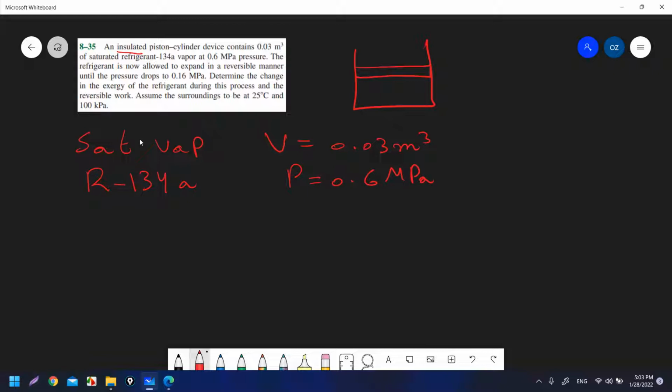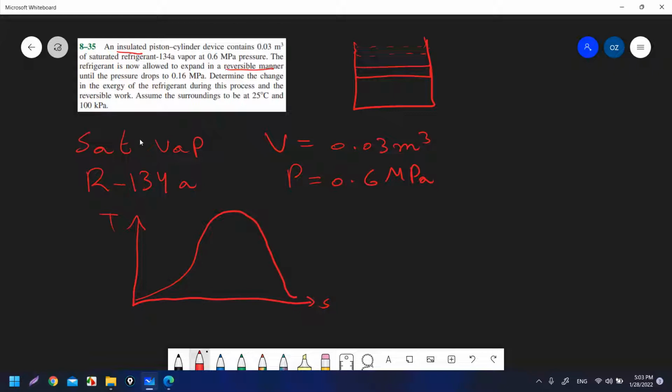The refrigerant is now allowed to expand in a reversible manner. Expand means there is an expansion process, so the piston will move out. What is the meaning of reversible manner? If we draw a TS diagram, he said a saturated vapor.